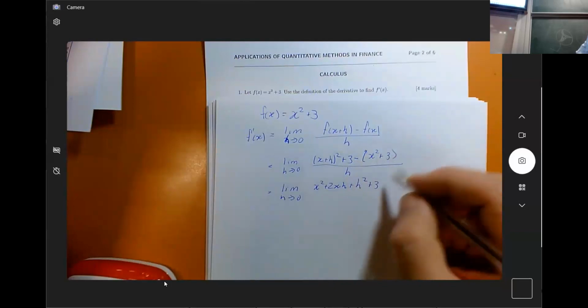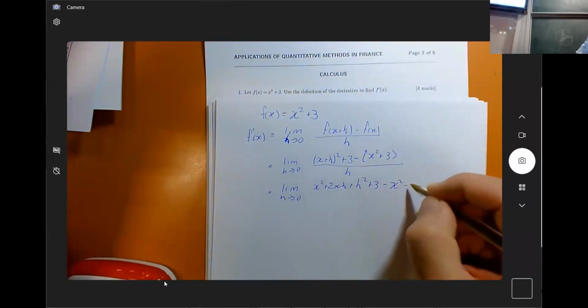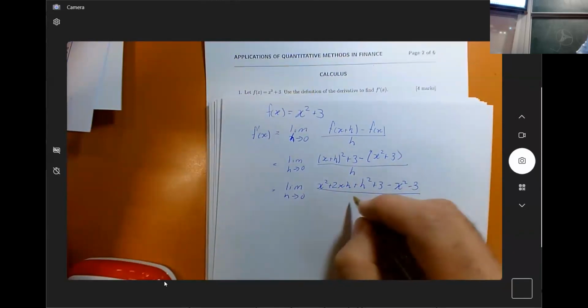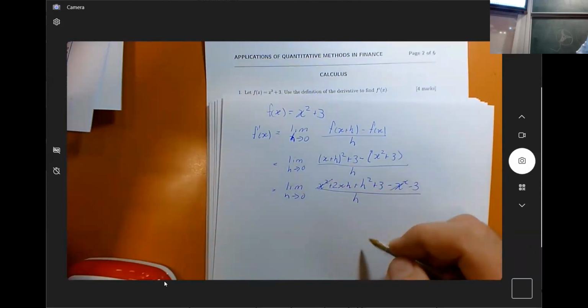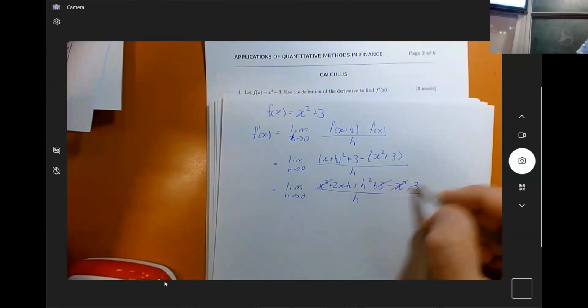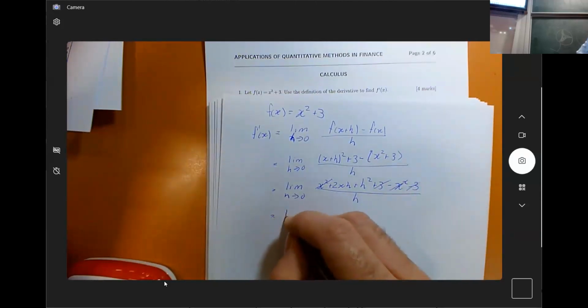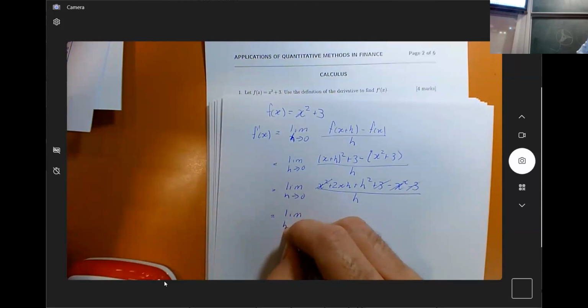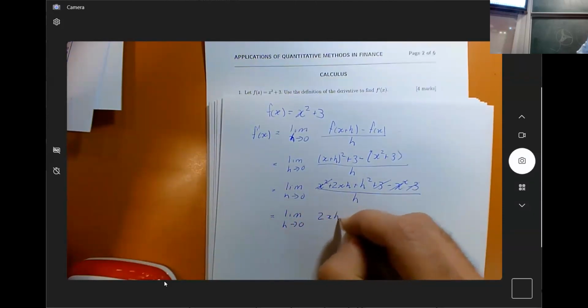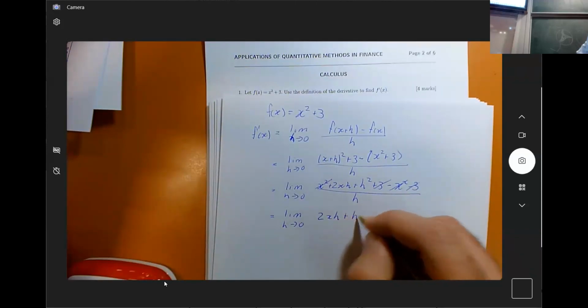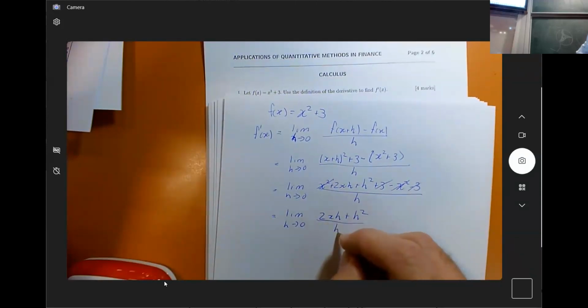Expanding the minus through this, it's going to get me minus x squared minus 3, all divided by h. I can observe we've got an x squared here and a minus x squared here, a plus 3 here and a minus 3 here. So let's write that with those things removed. I've got 2xh plus h squared. I've only got those two things.